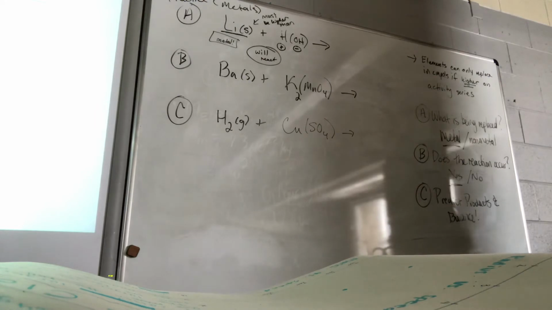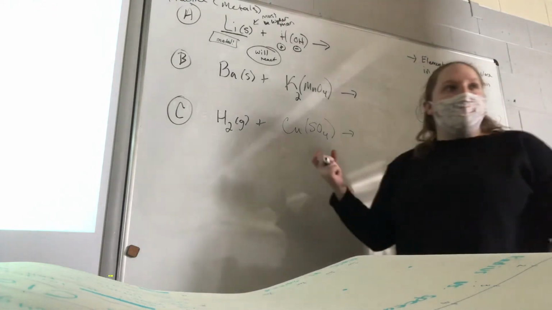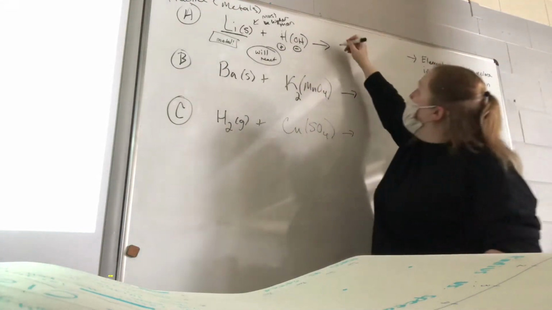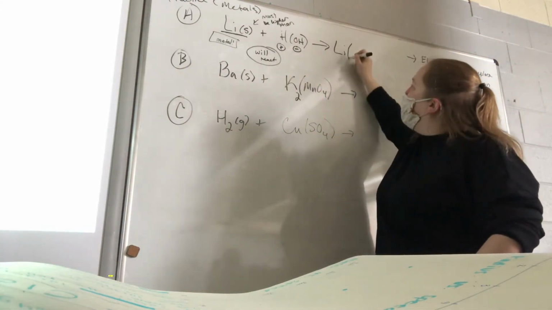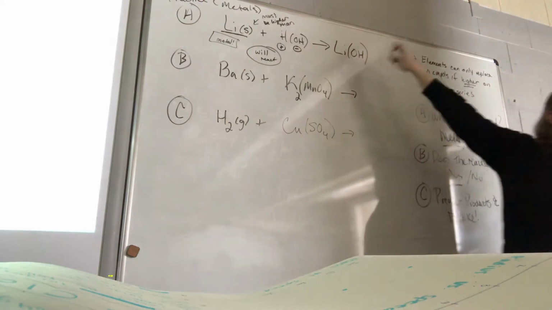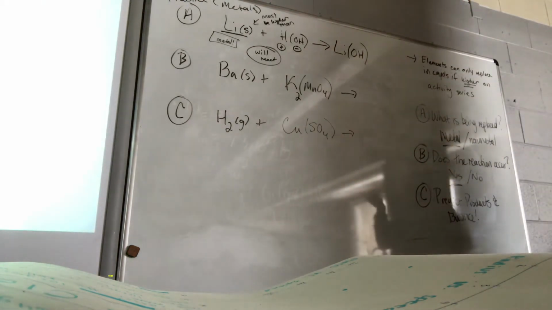To A and B. All right, last thing, predict the products. Two approaches. You have to figure out what the new compound is going to be, right? You know that the lithium is going to replace the hydrogen. So you know that lithium is going to attach to whatever it is. When we make compounds, remember they are supposed to be neutral.